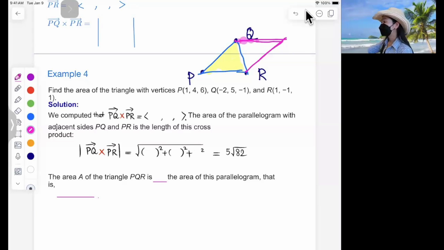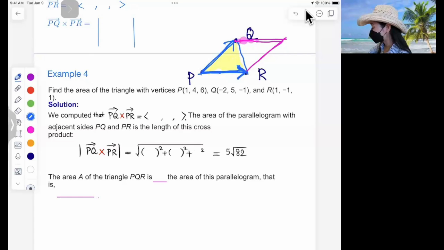All right, so let's find the area of the parallelogram first. We know that it's related to the cross product. So what's the cross product here? It's the cross product of PQ with PR.